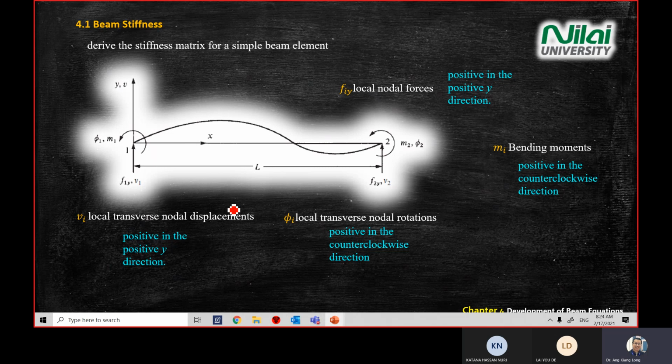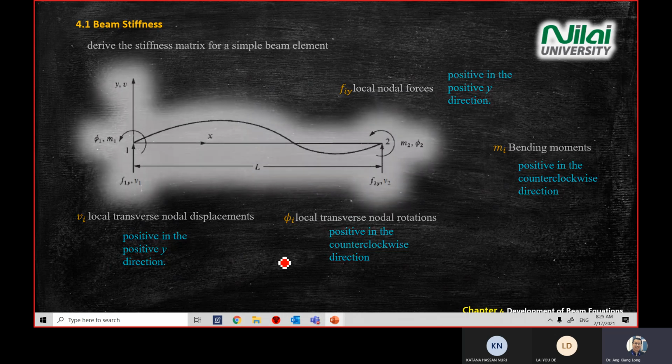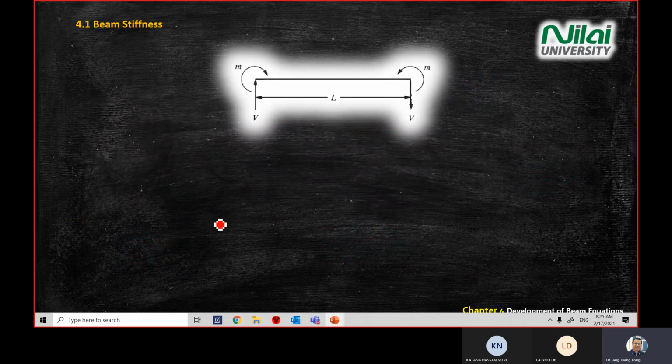Again, moment and rotation are positive anti-clockwise. Force and displacement will follow axis y to be positive. I think this one is quite straightforward. We move to the next slide.